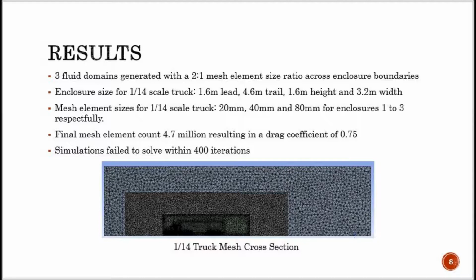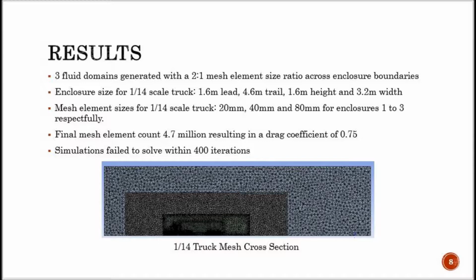Enclosure sensitivity and mesh independence studies were then conducted to ensure that the final results were not influenced by the enclosure size or mesh. A 5% tolerance on the final drag coefficient value was applied to determine if the enclosure size or mesh were influencing the final result. It was found that an enclosure with a lead of 1.6 meters, a trail of 4.6 meters, a height of 1.6 meters, and a width of 3.2 meters was the minimum required enclosure for the 1/14 scale truck.